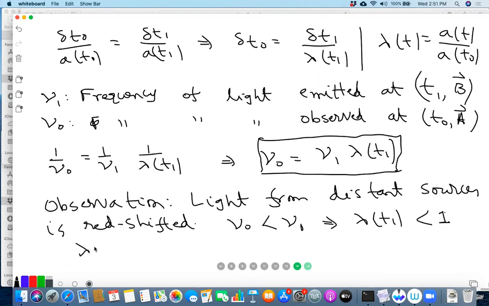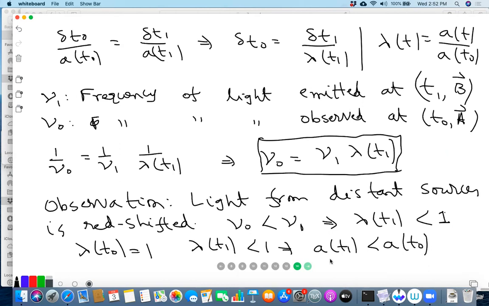Now lambda t0 is 1, because that's the ratio of a of t0 over a of t0. So lambda t1 less than 1 means that a of t1 is less than a of t0. So the scale factor a of t is larger today than it was in the past. t1 was in the past. Remember, t1 is the time at which the light was emitted. So this redshift of light from distant sources is telling us that our universe is expanding, because a of t0 is larger than a of t1.